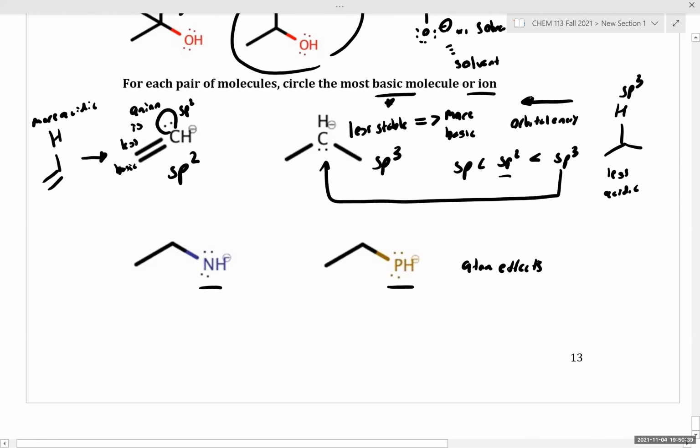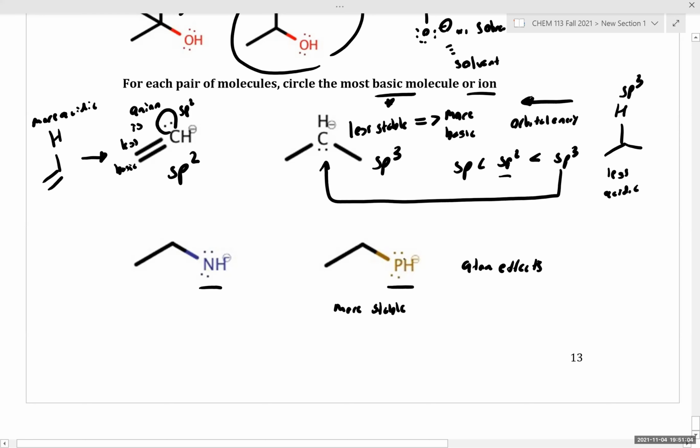So then, remembering that more stable means less basic, this anion is more stable on phosphorus. So then, which of these two anions is most basic? Phosphorus, right? Because it's more... More stable means less basic.